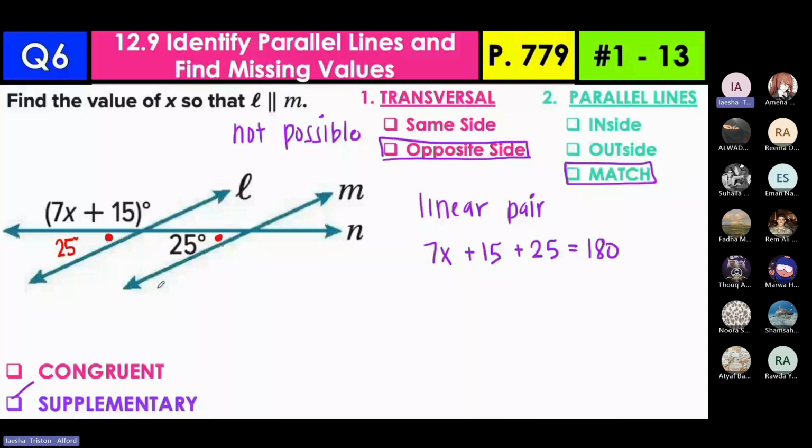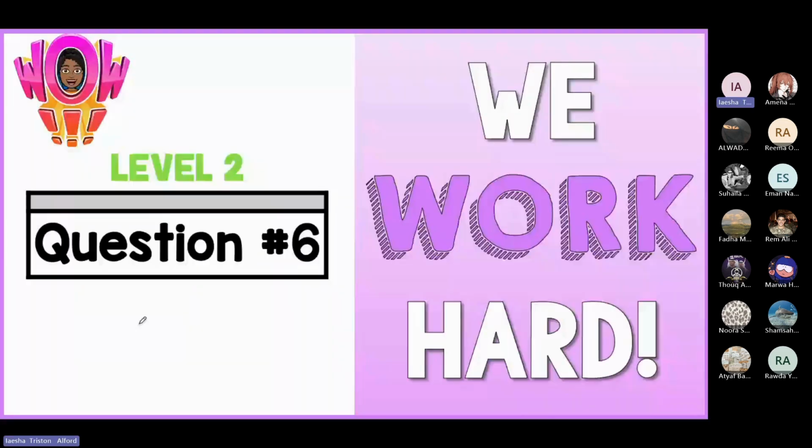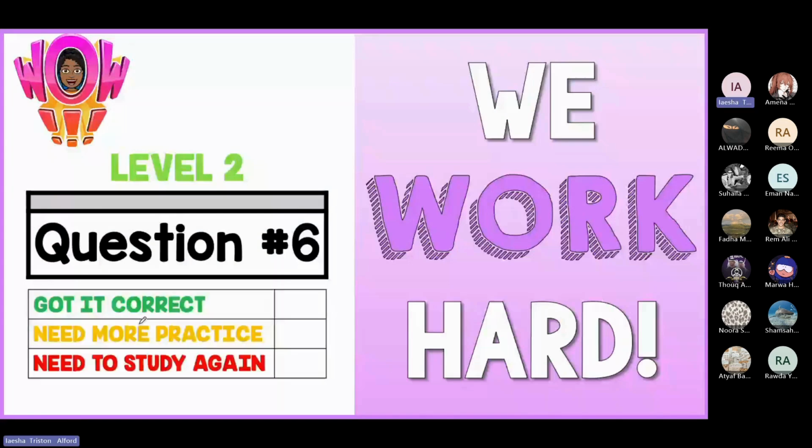There is no name for something with opposite side and match. So use what you know to help you write the rest of the equation. And class, that's number 6. It could be level 2 if you have to write an equation and solve.